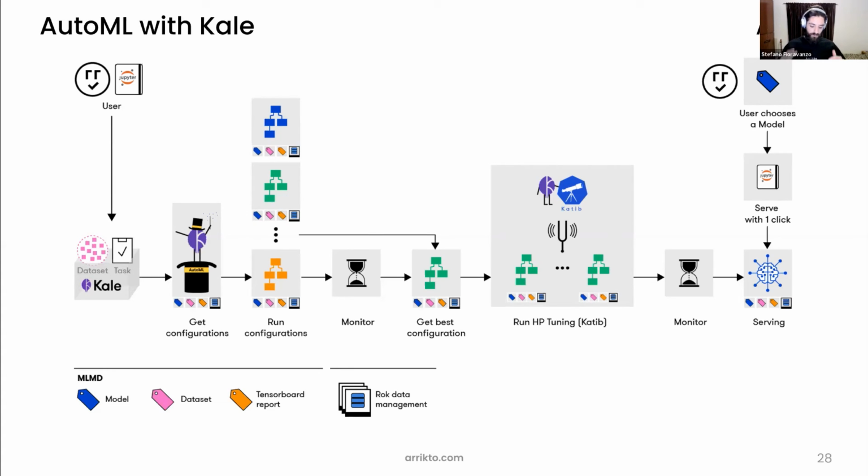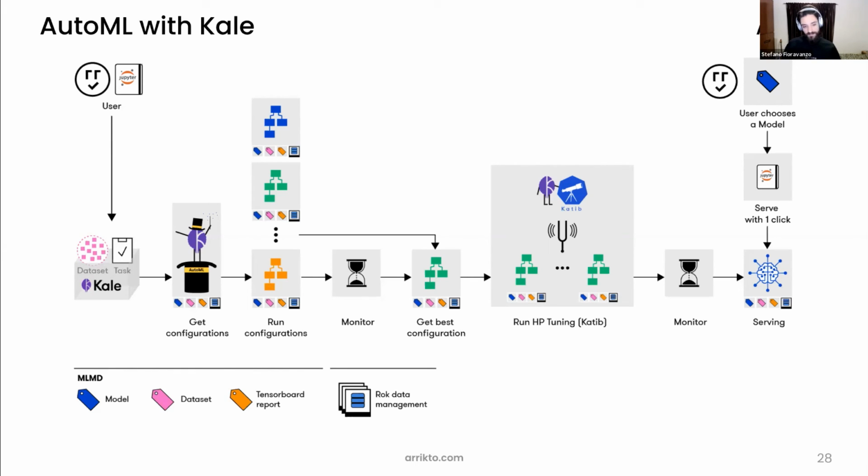AutoML is about providing you a single Python API that accepts a data set and a goal that can be a metric and a desired value.